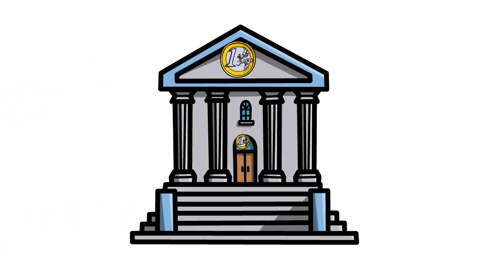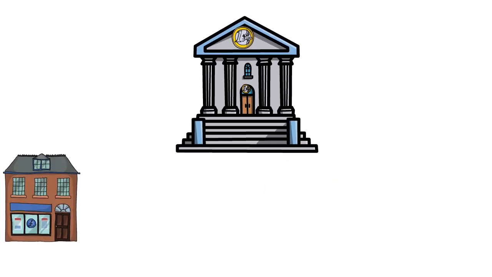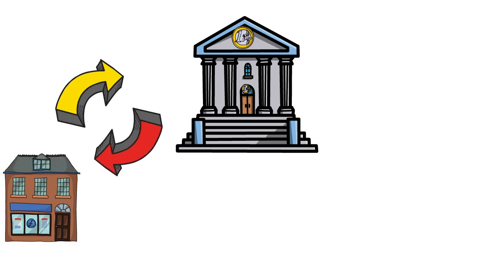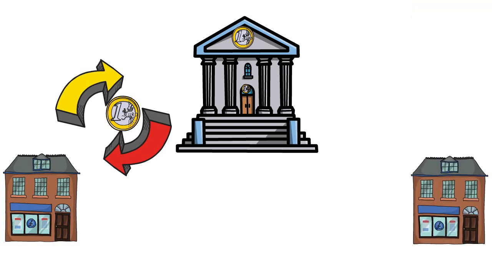So how does this actually work in practice? Well, we have a central bank that is the head of a network of small retail or commercial banks. So a central bank may purchase these government bonds from a banking institution, or it may sell them to the banking institution. And in this case, the bonds will exchange hands for cash, for money. And this will either increase or decrease the reserves of the banks, and therefore increase or decrease their money lending.